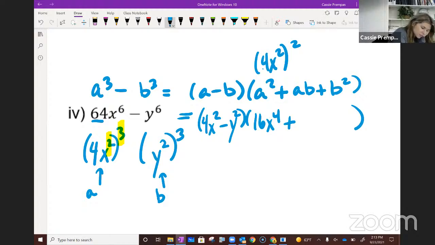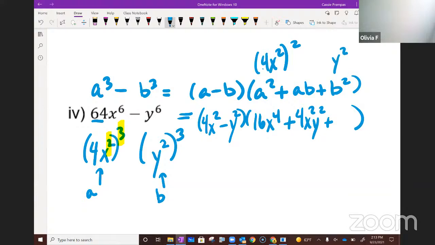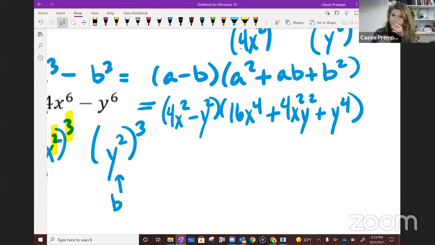Nice. Plus, what would be the middle? 4x squared and y squared. Awesome. And then what would that last one be? Plus y squared squared, so y to the 4th. Yeah. Well done. Don't box it yet, but that's awesome.